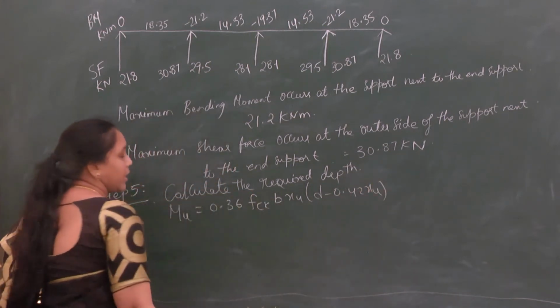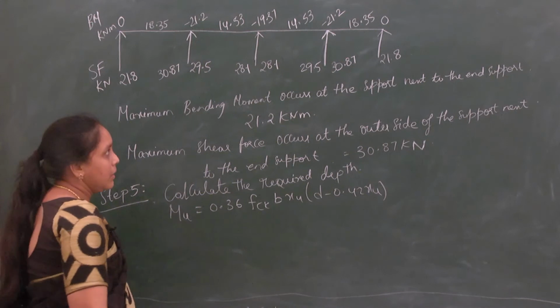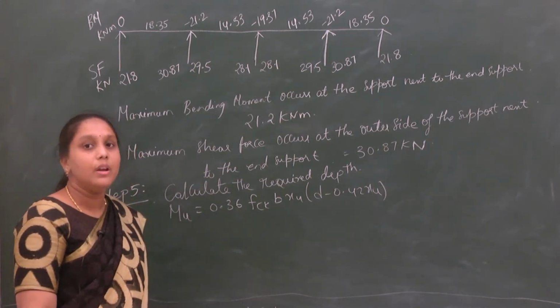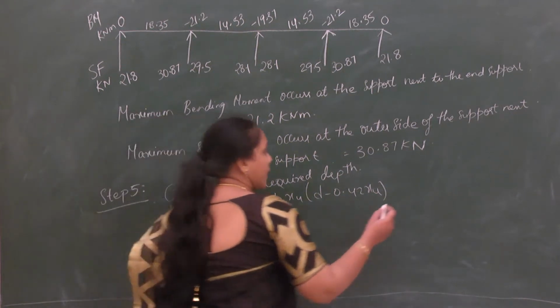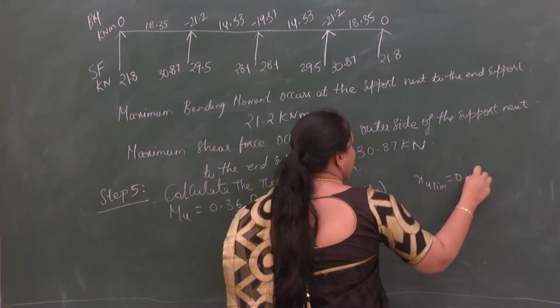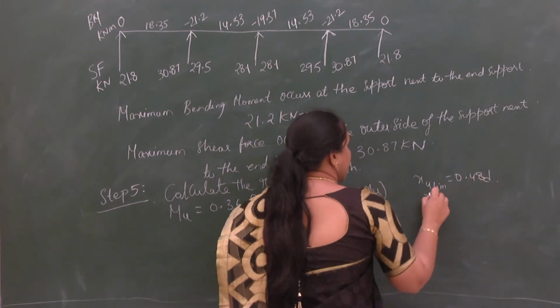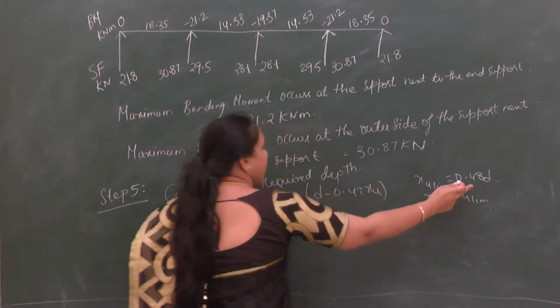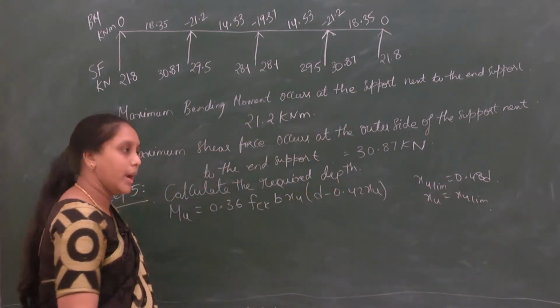So here in place of xu we have to substitute xu limit. So what is the grade of steel in the equation? It is given, the grade of steel is Fe415. So for Fe415 grade of steel, what is xu limit? The xu limit value will be 0.48 d. Here xu will be equal to xu limit.